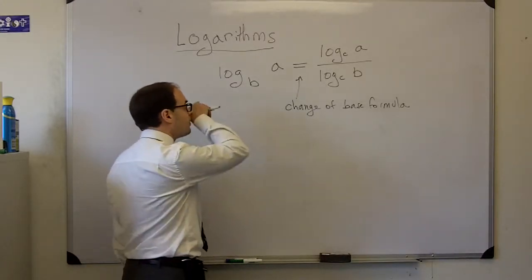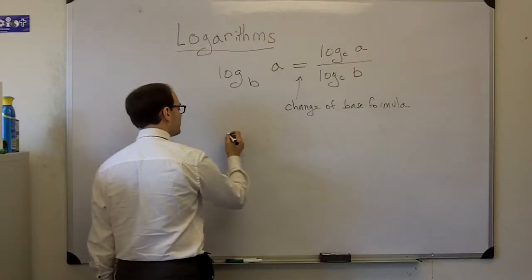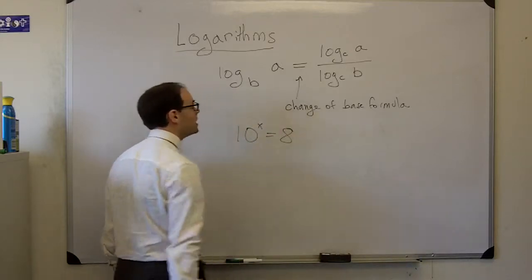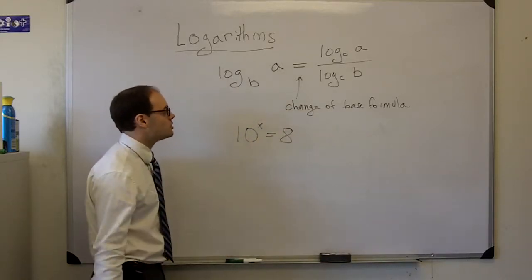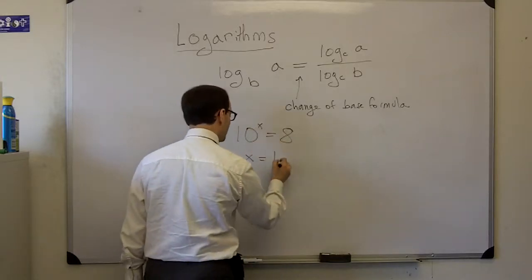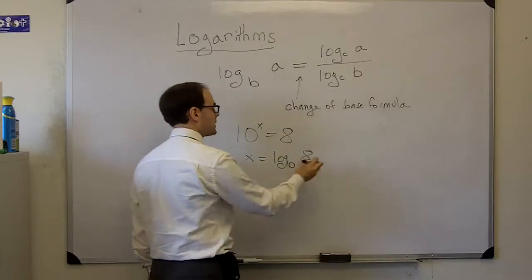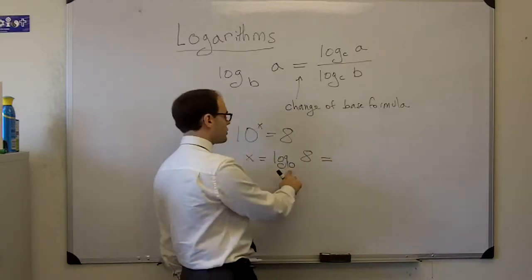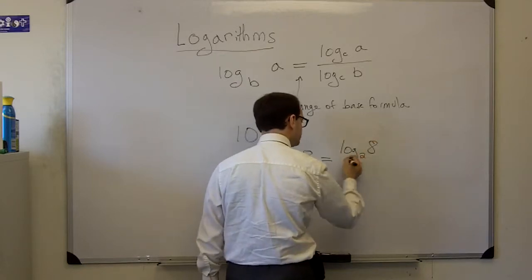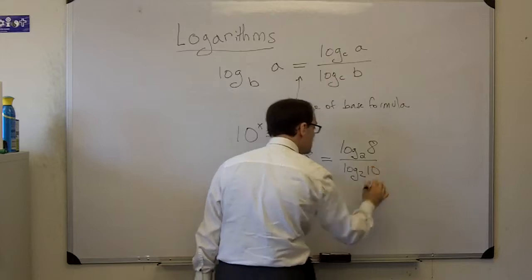But in any event, what's beneficial about this is, let's solve that problem that we had just on the board a moment ago. We wanted to find 10 to the x is equal to 8, but we only had the log base 2's floating around. The answer to this problem is log base 10 of 8. We don't know it. So let's write it out with the log base 2's that we know: log base 2 of 8 over log base 2 of 10, just as we had found.